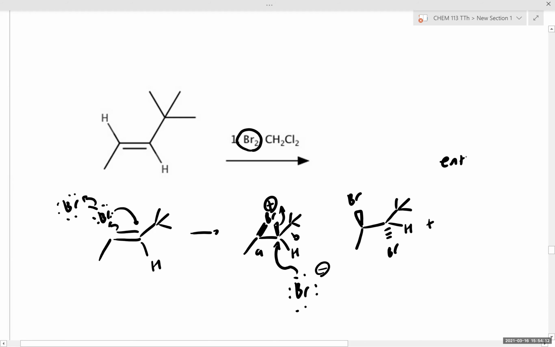However, we also make the enantiomer. Well, even though they're both substituted to the same extent, the reason why I ask you to draw a mechanism is that I want to see that you understand the mechanism for this bromination, right?